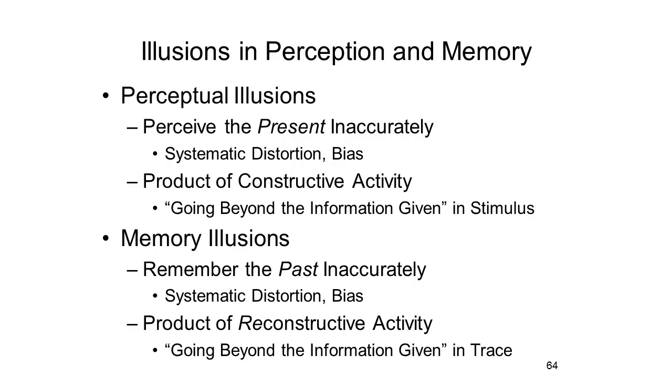Illusions occur in perception, but they also occur in memory. In perception, illusions are a product of constructive activity in which the perceiver goes beyond the information given by the stimulus. In memory, illusions are a product of reconstructive activity in which the rememberer goes beyond the information given in the memory trace.